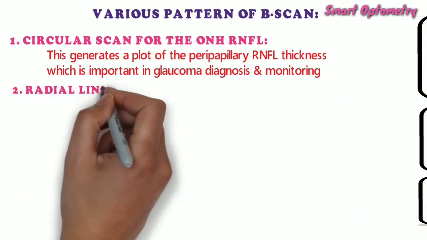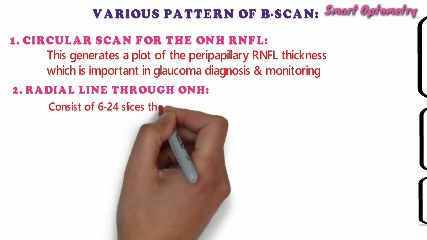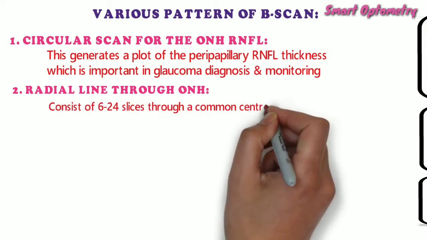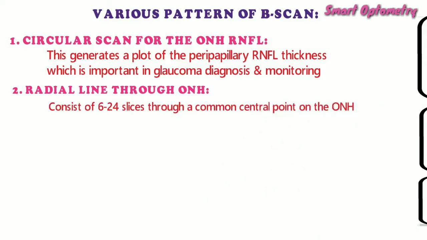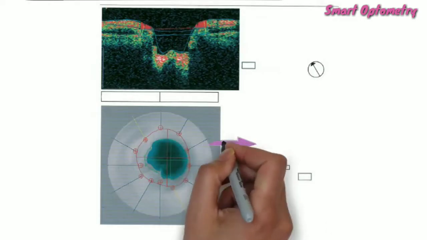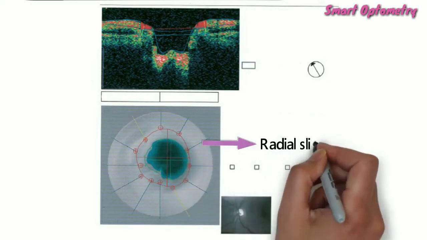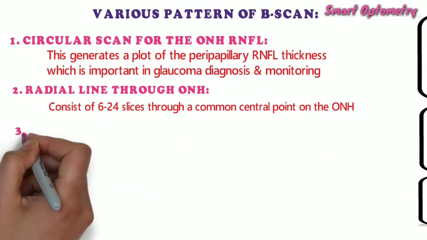2. Radial line through ONH consists of 6 to 24 slices through a common central point on the ONH. Here, this is a figure of radial line through ONH scan, and this is the radial slice. 3.